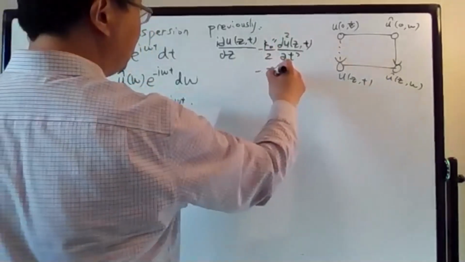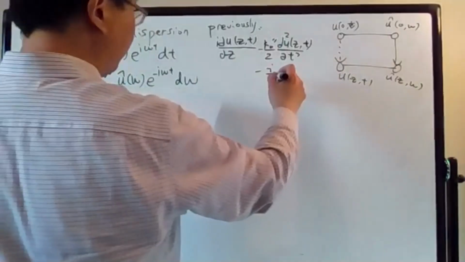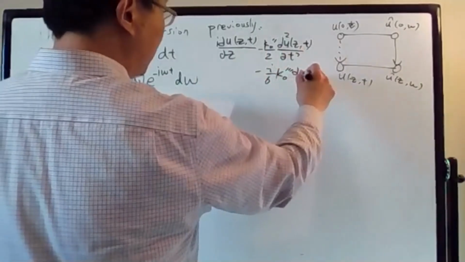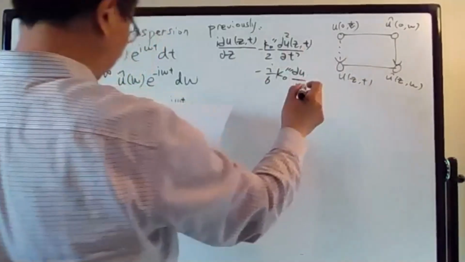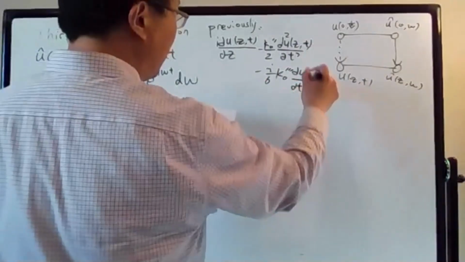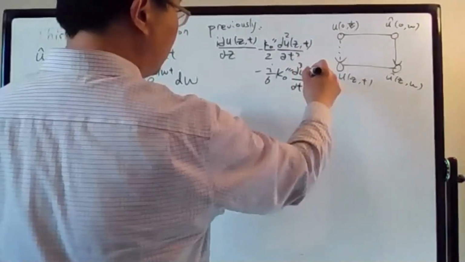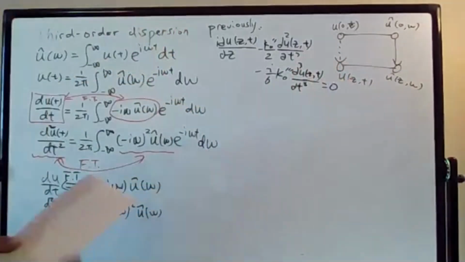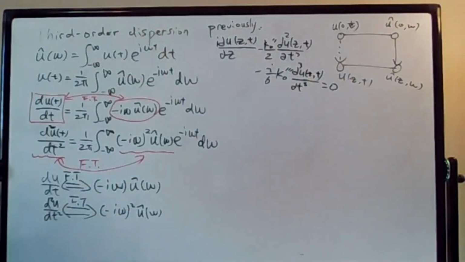And then minus i over 6 k naught triple prime times partial cubed u partial t cubed of (z,t) equals 0. So in this case, we previously obtained this equation.